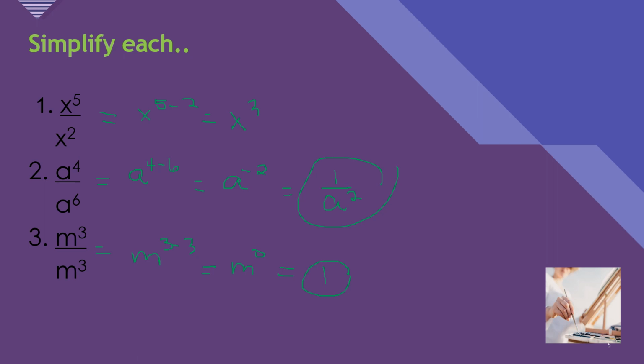And if it is negative, for any non-zero number a, we have a raised to negative n. So we have this rule that it will become 1 over a raised to n. So to make it positive, that's what we did here.